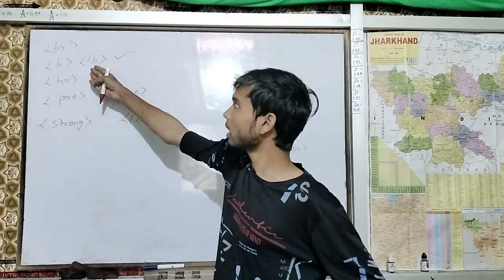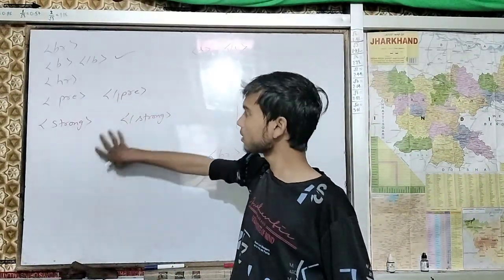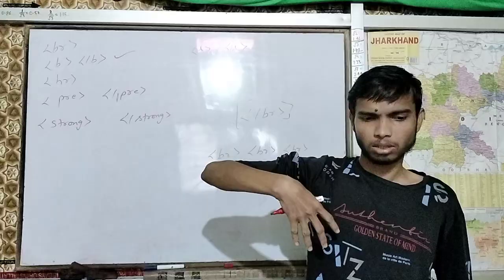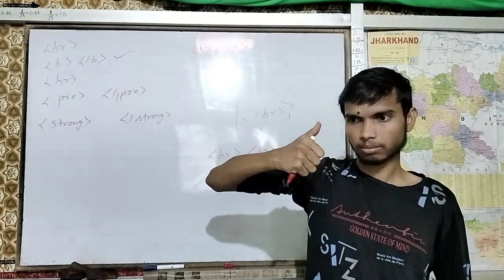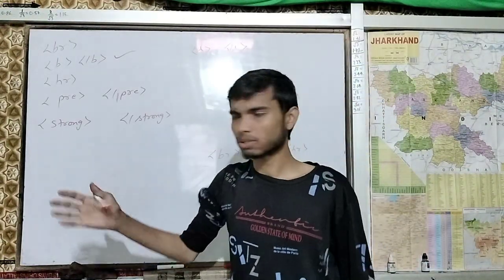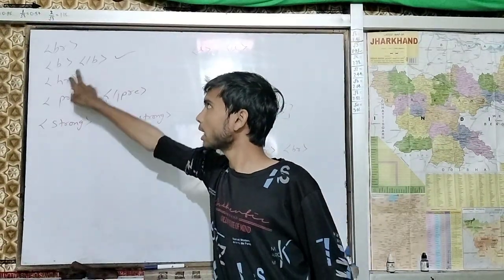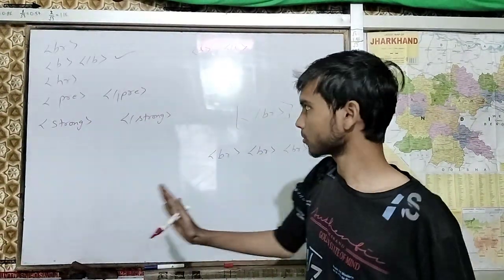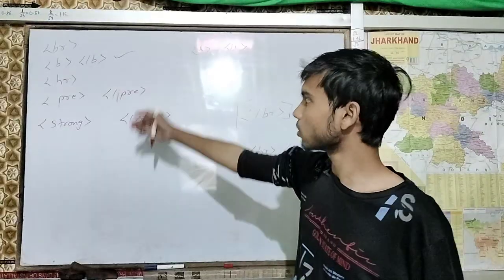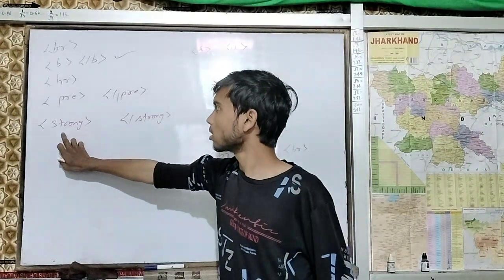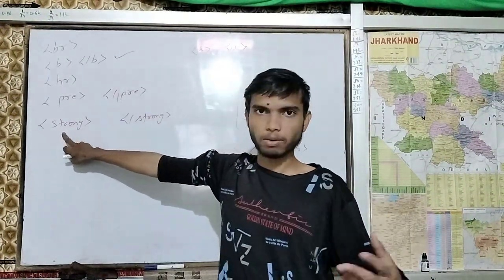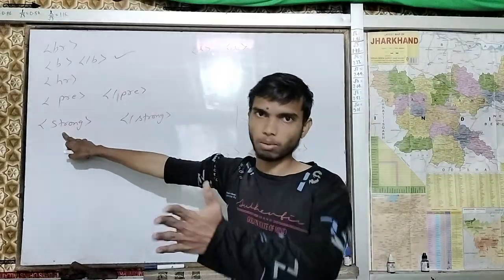You can use either this or that, but this will be best for you. The work of strong and the work of B is the same. Whatever is your choice, you can use it. In this case, our text will be bold.